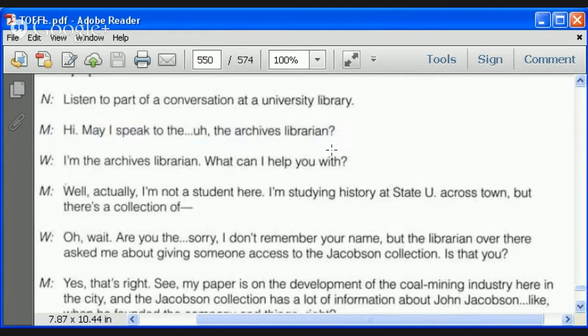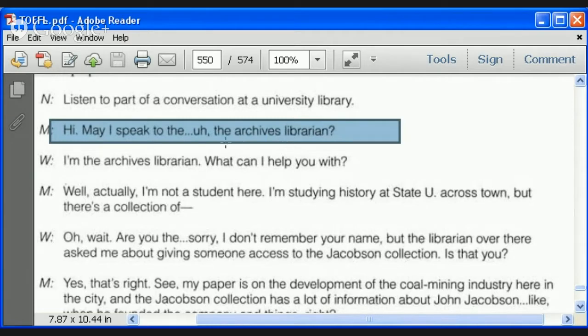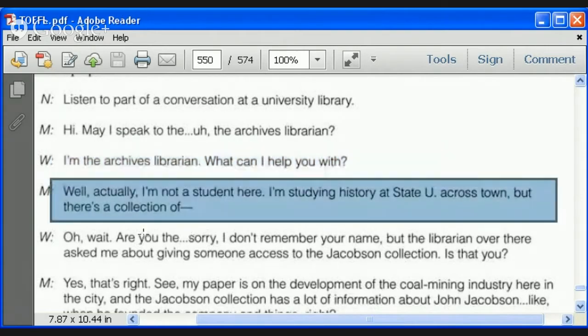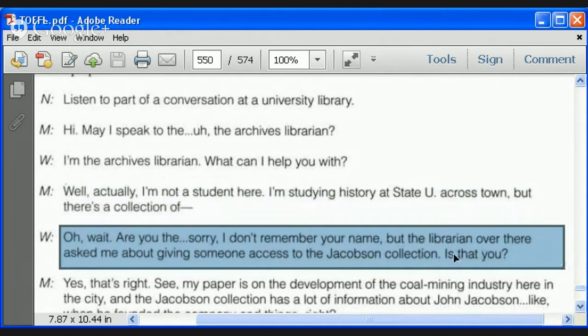Hi, may I speak to the archives librarian? I'm the archives librarian. What can I help you with? Well, actually, I'm not a student here. I'm studying history at State U, across town. But there's a collection of... oh, wait. Are you, sorry, I don't remember your name, but the librarian over there asked me about giving someone access to the Jacobson collection. Is that you?